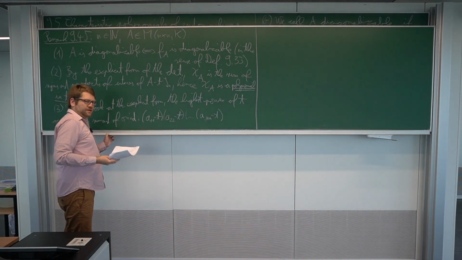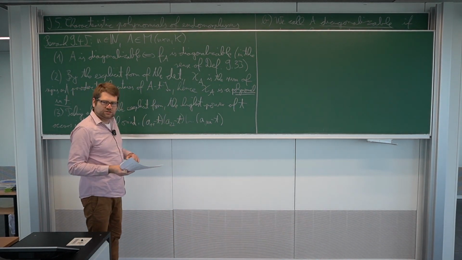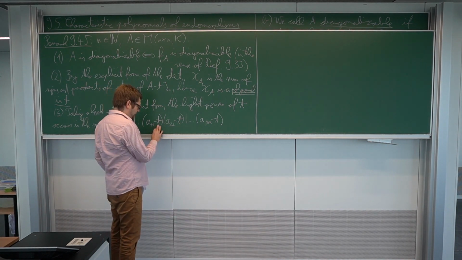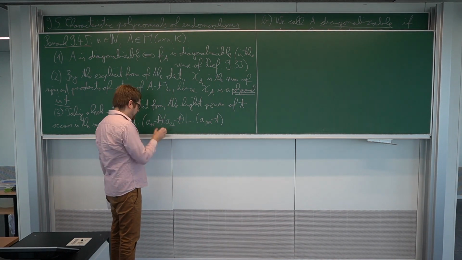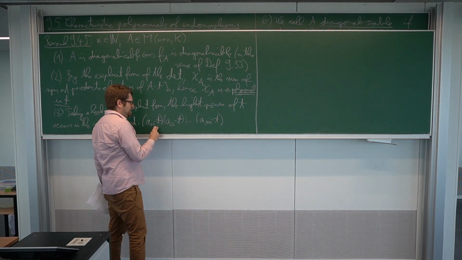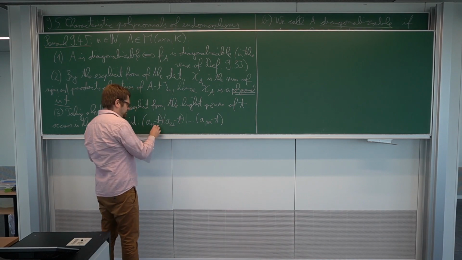If we just multiplied all of this, it would be a long computation, but the highest thing we get is the minus t times the minus t times the minus t, if we multiply all of them, all the different summands with each other. So the highest power would then be (minus t) to the n.